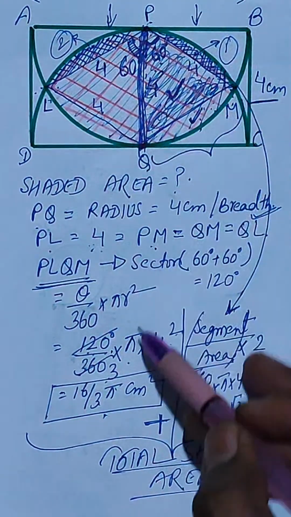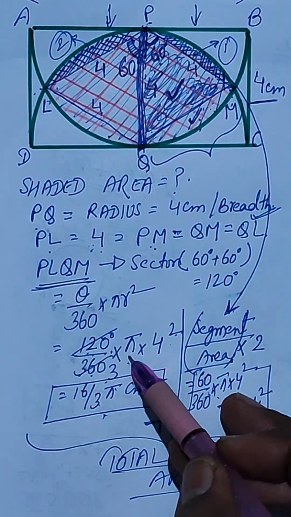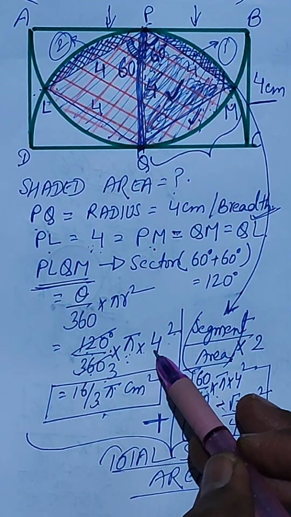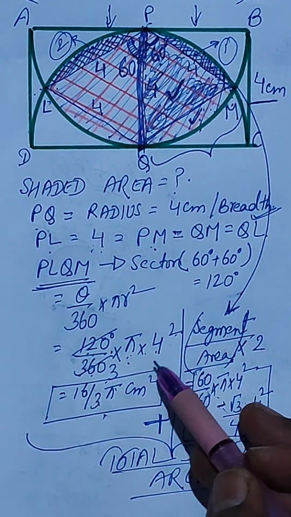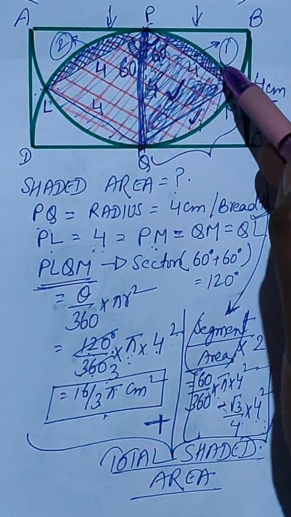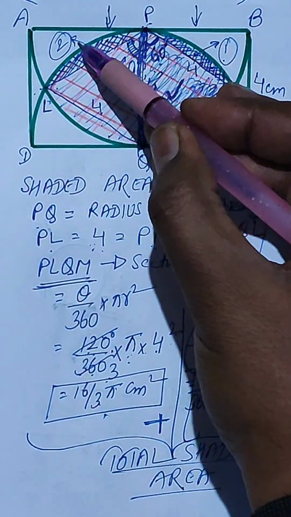This sector has area theta by 360 into pi r square, the standard formula of a sector. Apart from this, two segments are left, segment 1 and segment 2.